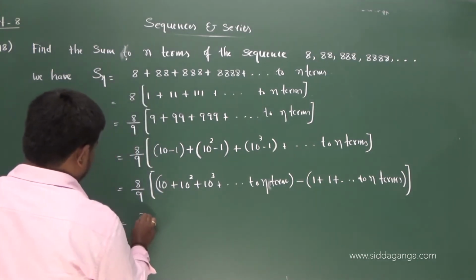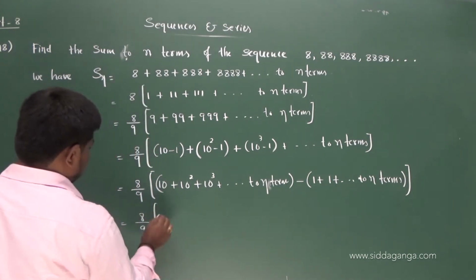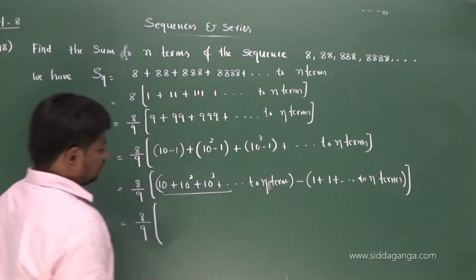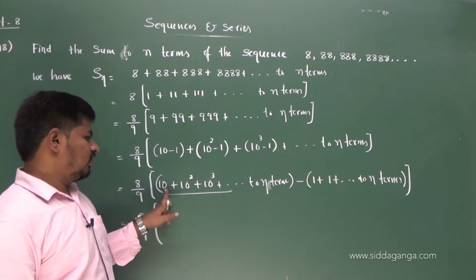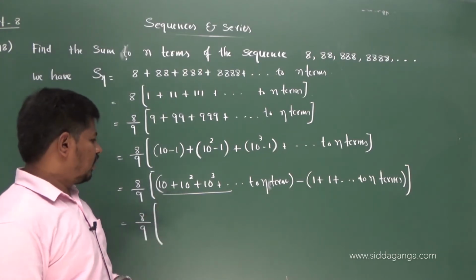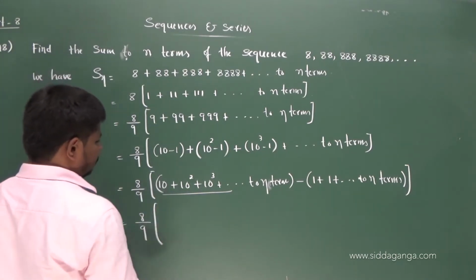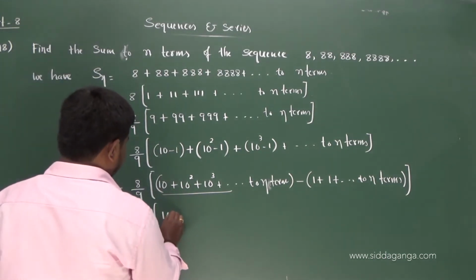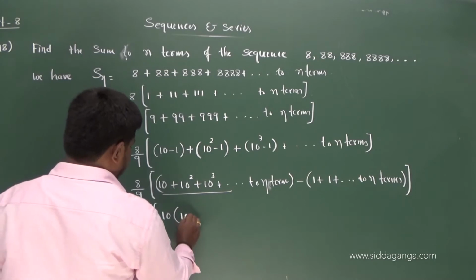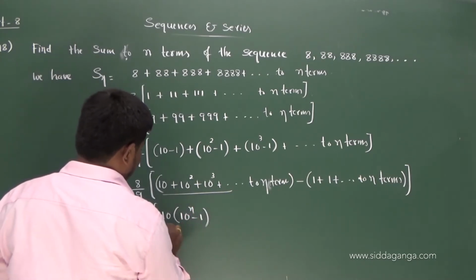Now we can see here, this is a GP, right? Yes, with common ratio r equal to 10 and a is also 10, of course. And by using the formula, what is the sum of n terms of a geometric series? a into r power n minus 1 by r minus 1, that is 10 power n minus 1 by 10 minus 1.